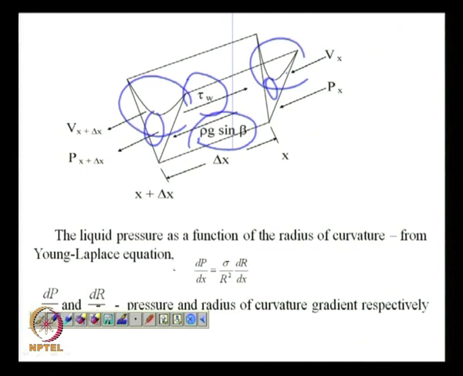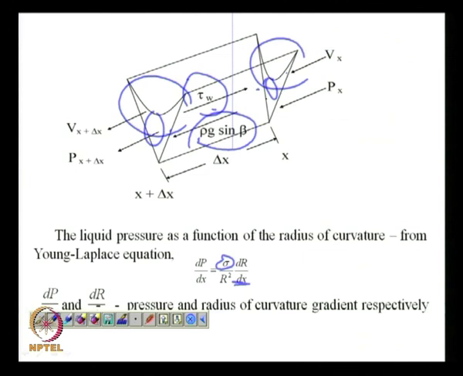So, the Young equation can give the pressure gradient due to the presence of sigma, which is the surface tension, and a change in the radius of curvature. R here denotes the radius of curvature, which is a function of the axial location. As I move in x, the value of R changes.